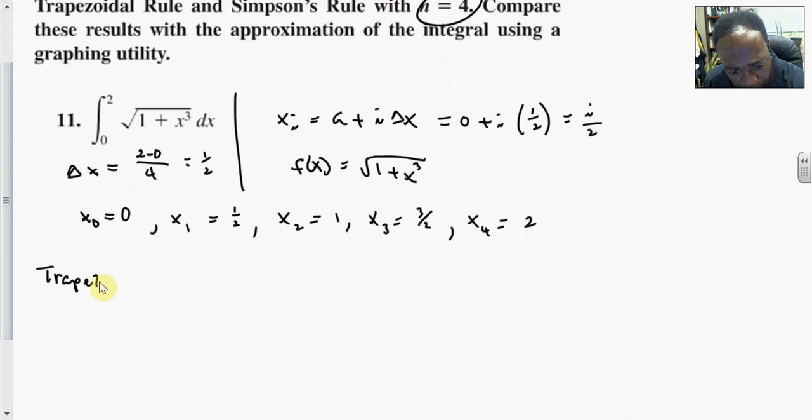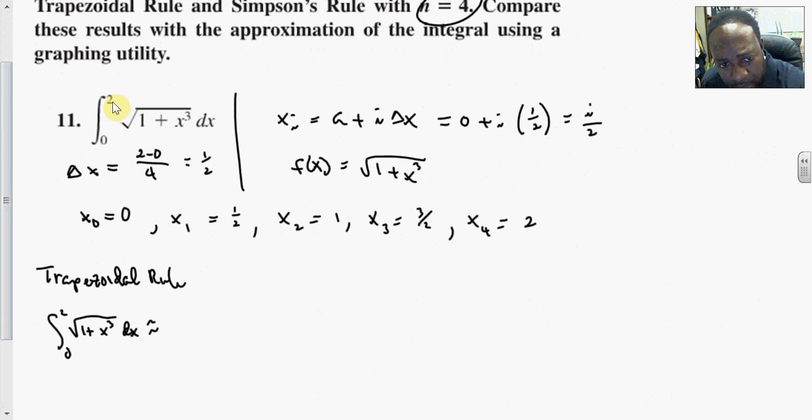So first, the Trapezoidal Rule. We say that this integral from 0 to 2 of the square root of 1 plus x to the third dx can be approximated by b minus a, which is 2 minus 0, is 2, all over 2 times n. N is 4.